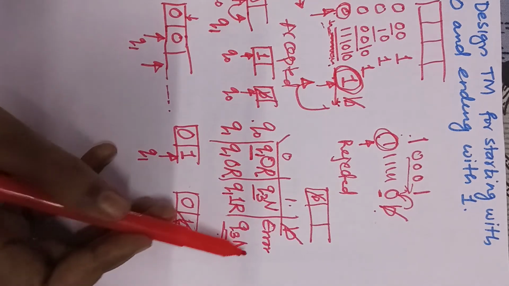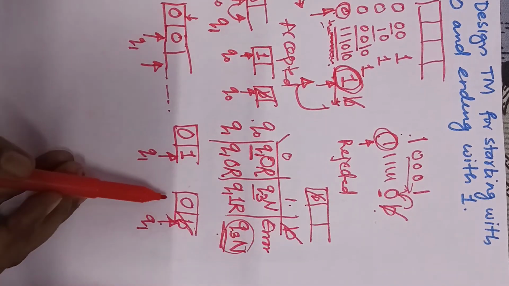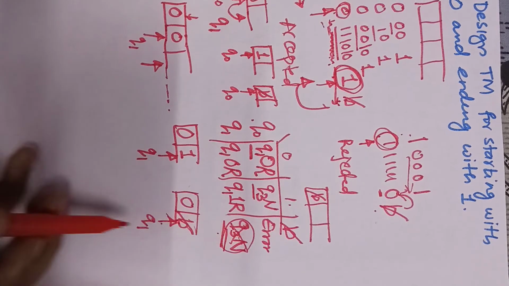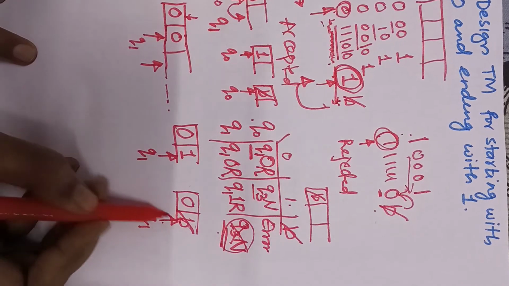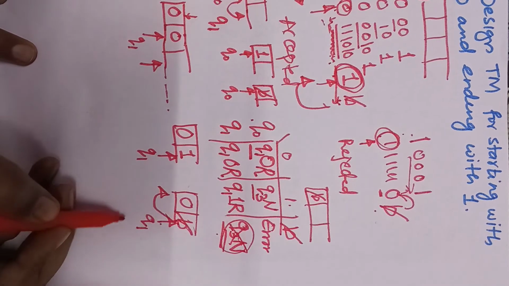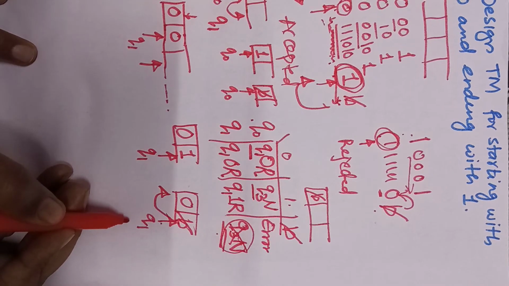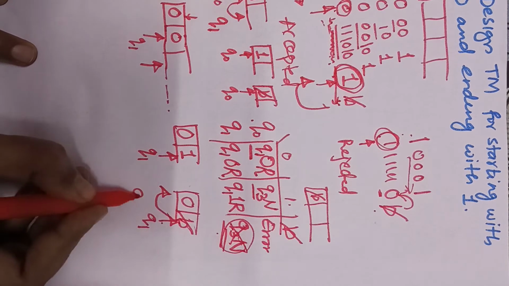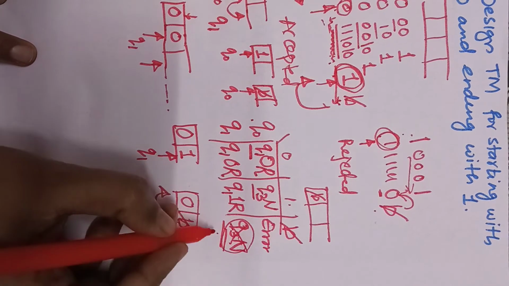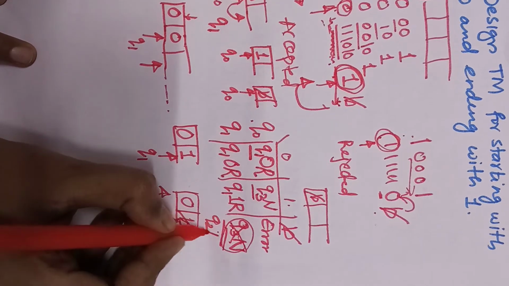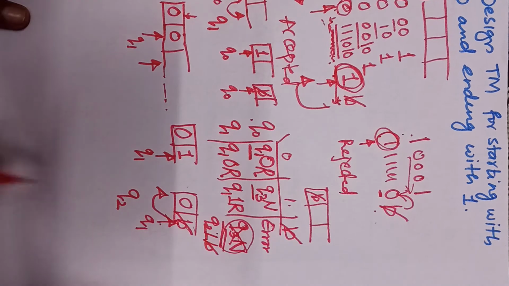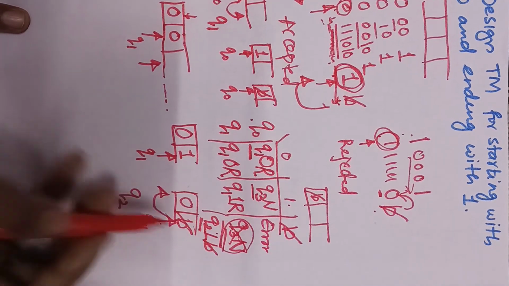So instead of putting Q3 and no operation, I want to represent to the user that I have reached the end of the string by using Q2 as the resultant state. I'm moving towards the left hand side and putting blank as it is. Okay, so I got a new state, Q2.